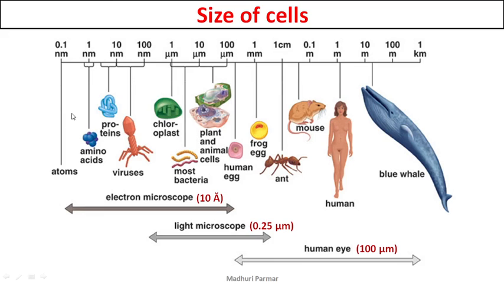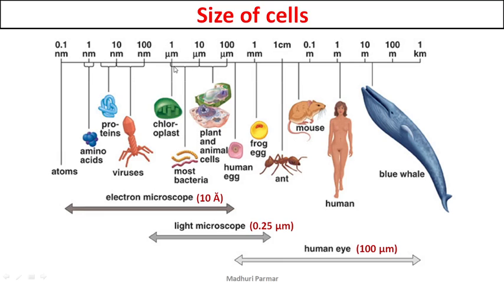Now, what is the size of a normal cell? Here is a scale from 0.1 nanometer to 1 kilometer. Atoms are 0.1 nanometer, or angstrom. They are measured in angstrom. Then you have amino acids, proteins, viruses, chloroplast, and finally around 1 micrometer. Micro means 10 raised to minus 6.